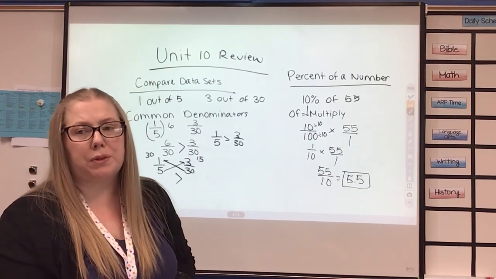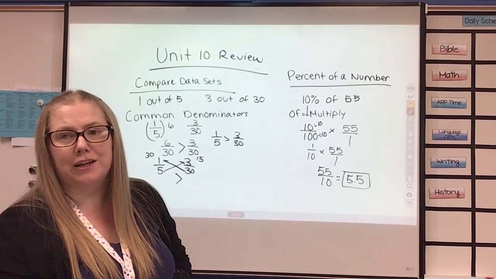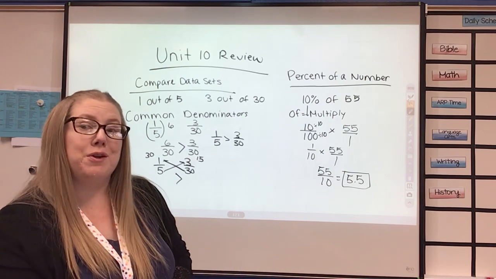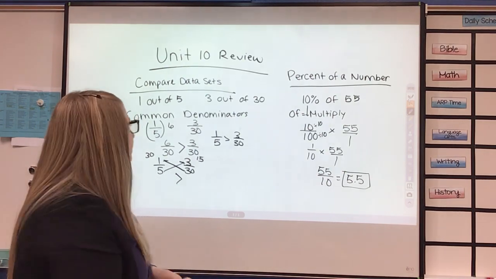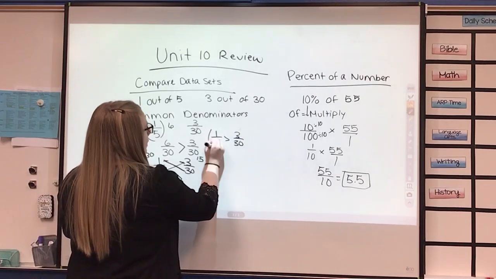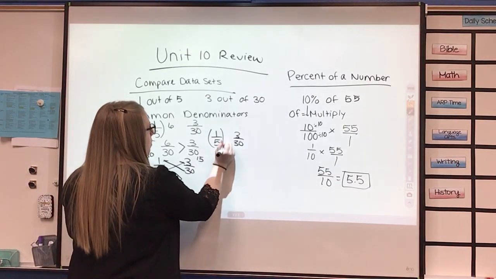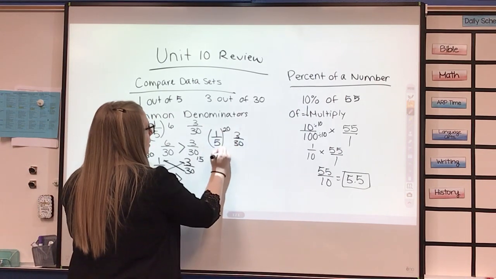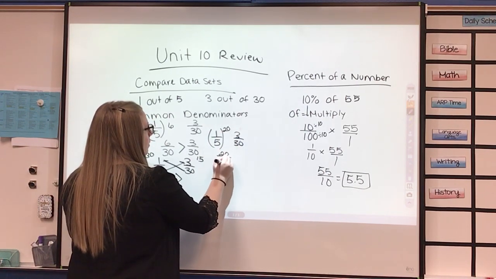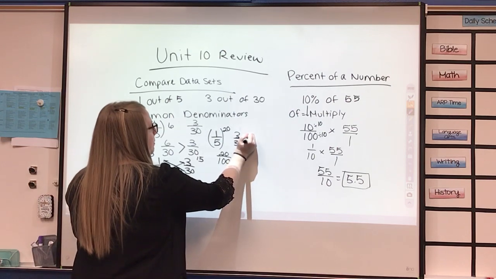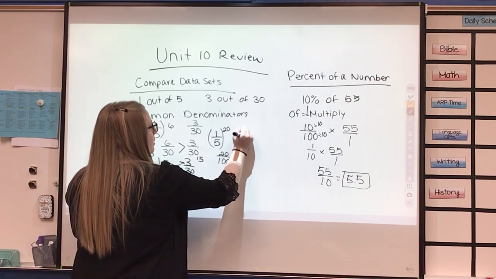The last way is using percents. Now, you're going to look at 3/30 and you're going to say, I can't turn that into 100 on the bottom. Well, you can if you simplify. So I'm going to use this one right here. So 1/5 times 20 will give me 100. But I'm going to actually simplify this and divide by 3.